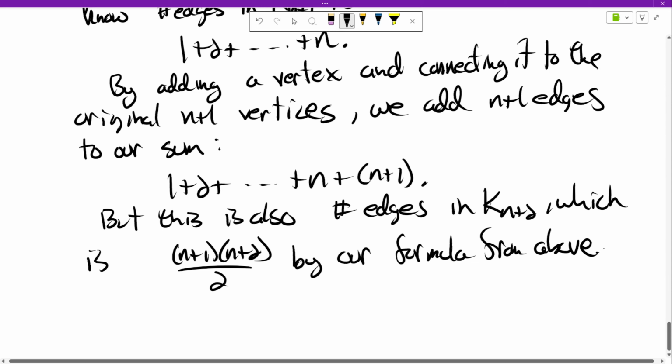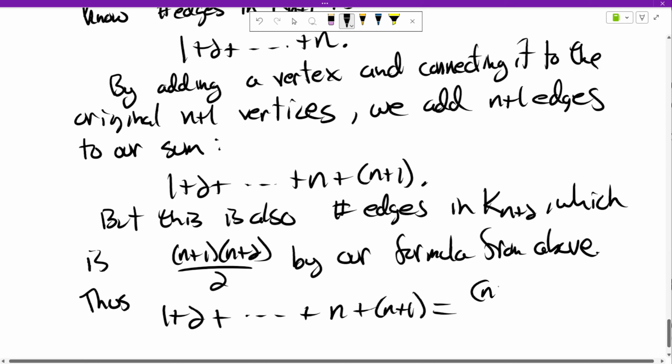You just replace the n with an n plus 2 instead of having an n plus 1 like we had. Thus, since they both count the number of edges in K n plus 2, they have to be equal. So 1 plus 2 plus ... plus n plus 1 is equal to n plus 1 times n plus 2 over 2.